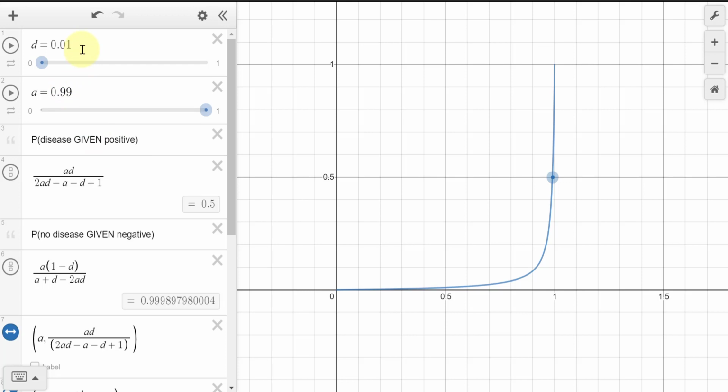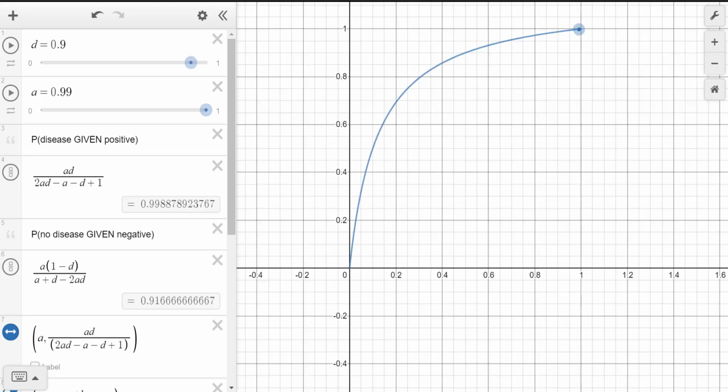If only 1% of the entire population has the disease and your test is 99% accurate, it's pretty much worthless, because there's only a 50% chance that the person actually has the disease if they tested positive. So I'd have to increase this up to 99.999% accurate to get into an interval where I'd be more confident the person really has the disease if they tested positive.